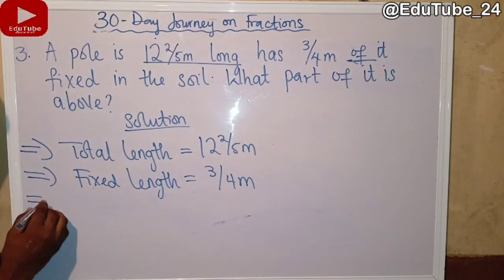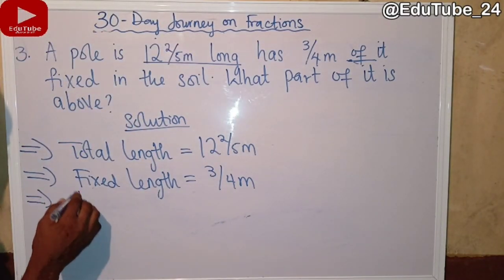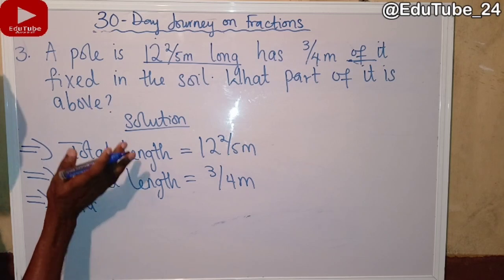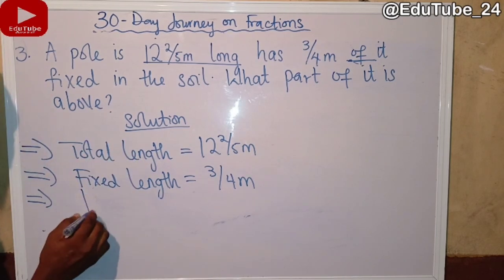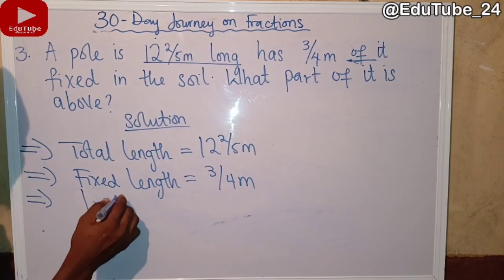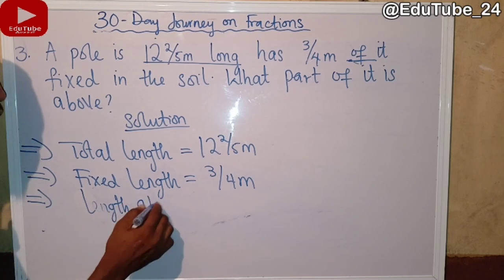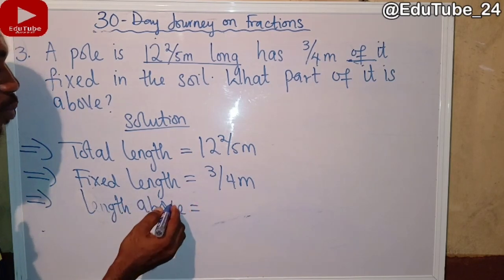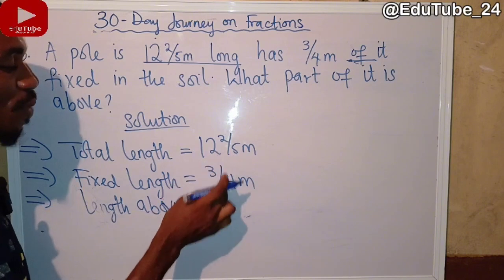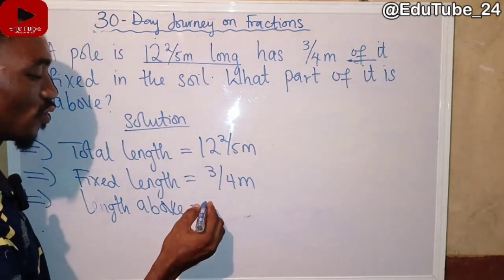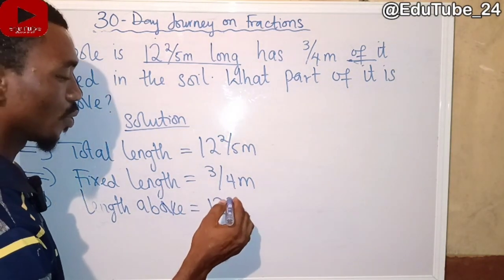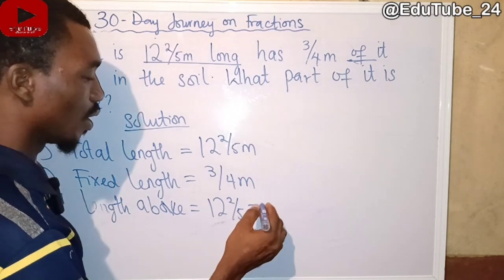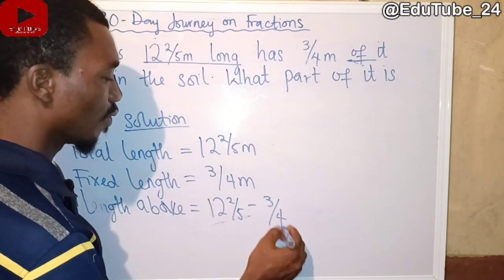So we say part above, or length above. I prefer that. Length above. So to calculate length above, which is the length remaining after this part has been fixed in the soil, we simply say 12 whole number 2 over 5 minus 3 over 4.